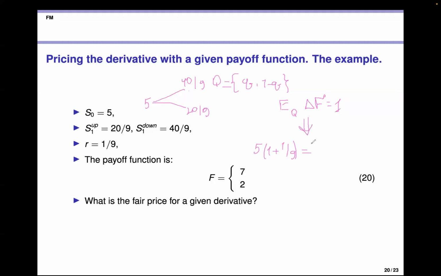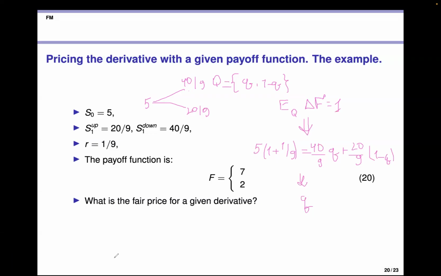Yes, it is 40 divided by 9 multiplied by Q and plus 20 divided by 9 multiplied by 1 minus Q. Yes, well done. Thank you. Nice. So from this equation, we can find Q and 1 minus Q.